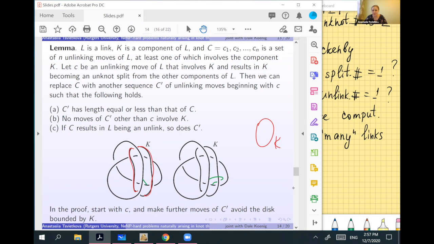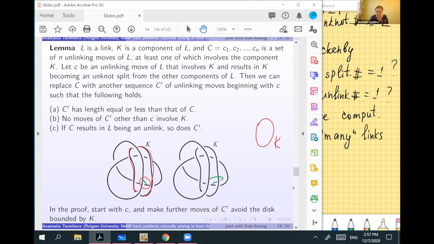It almost sounds like a tautology, but it's a bit subtle, because if I try to separate K and don't move it away, and then I do a crossing change that does not involve K directly, I can still link K back.